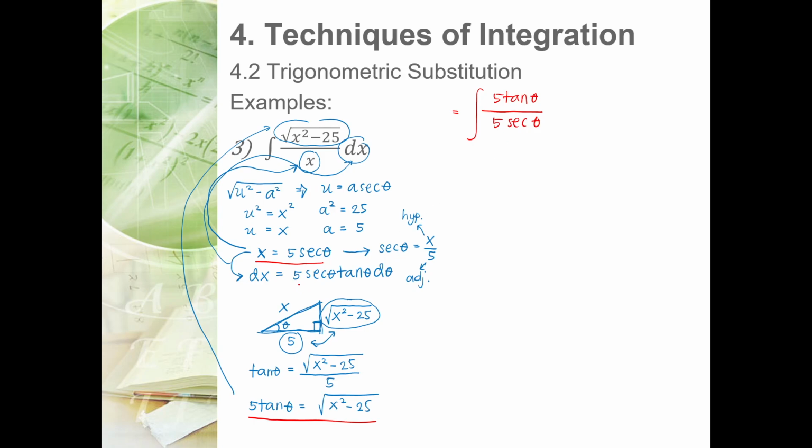And lastly is your dx, which is 5 secant theta tangent theta d theta. So eliminating, we now have 5 secant theta, so cancel out 5 secant theta. What's left is 5. So the integral of 5 tangent squared theta d theta.